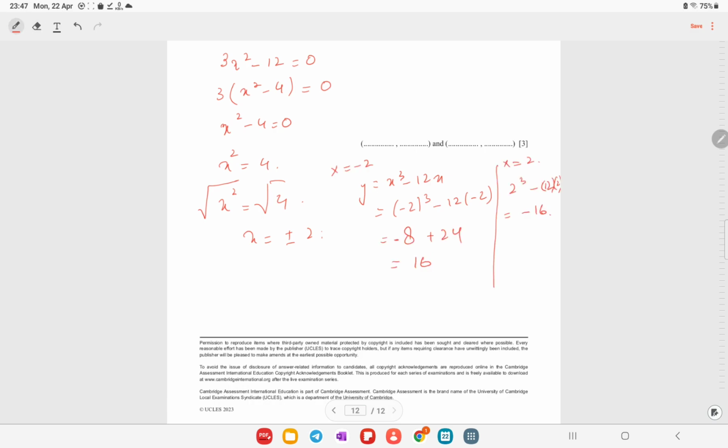When x equals minus 2, you will get 16, and when x equals plus 2, you get minus 16. So that is going to be the end of this paper, and thank you very much. Have a good day.